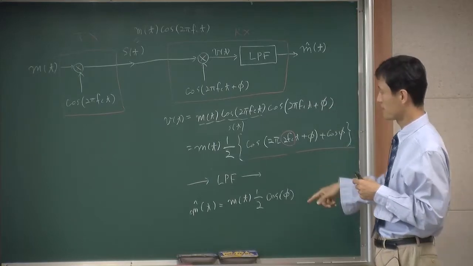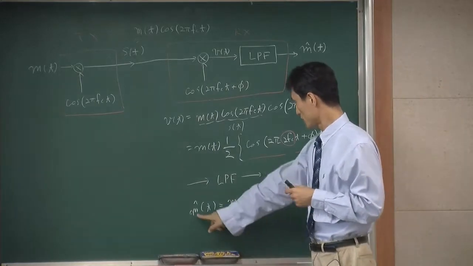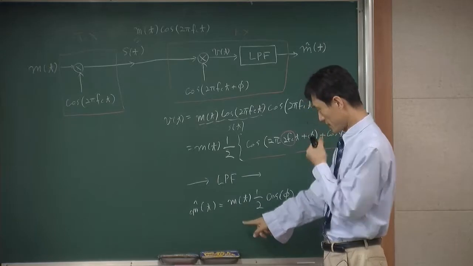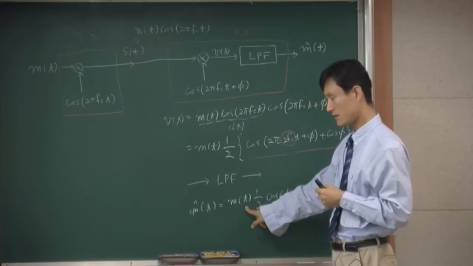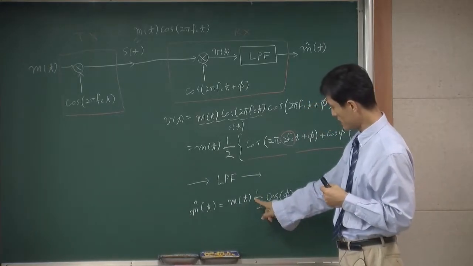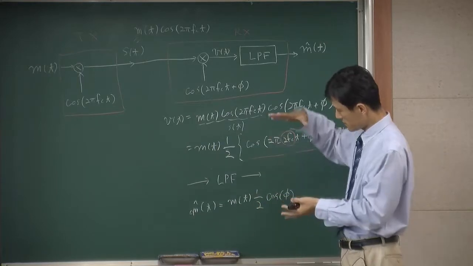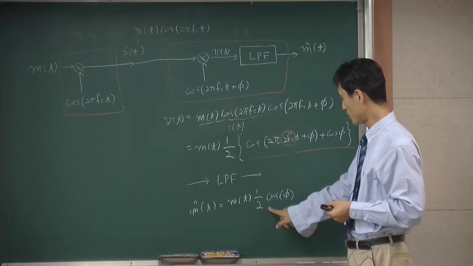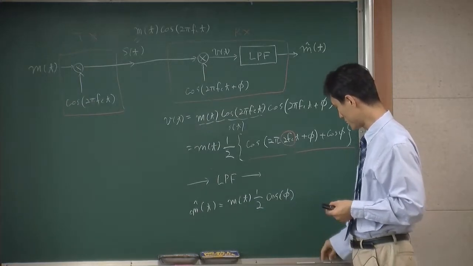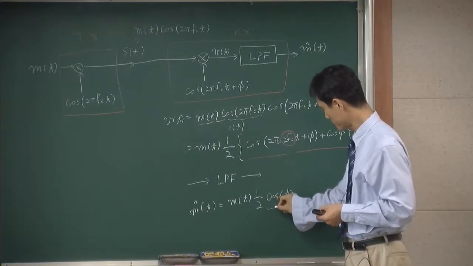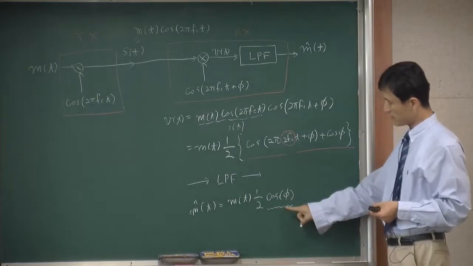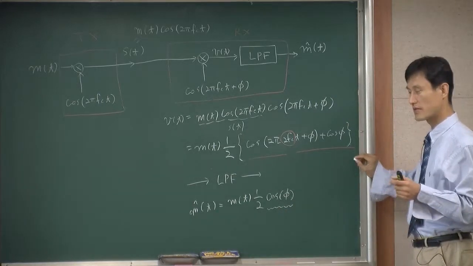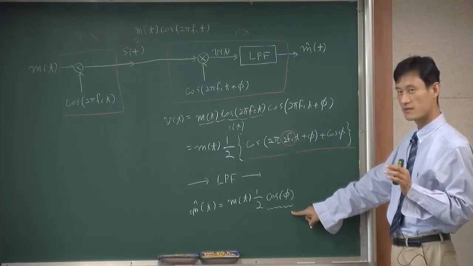Okay? So when you look at the m hat t, it has a component of m(t), but in addition to that, it has a half. So somehow the amplitude is halved, right? And also, you see the cosine phi. But this cosine phi is constant. It's nothing to do with any frequency, right?